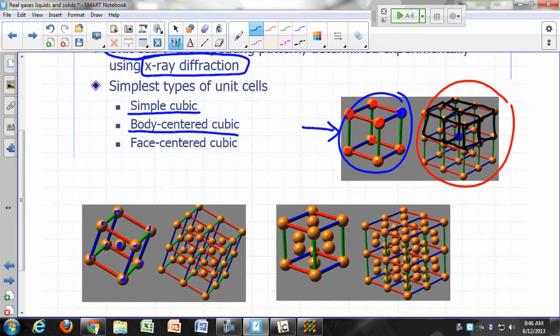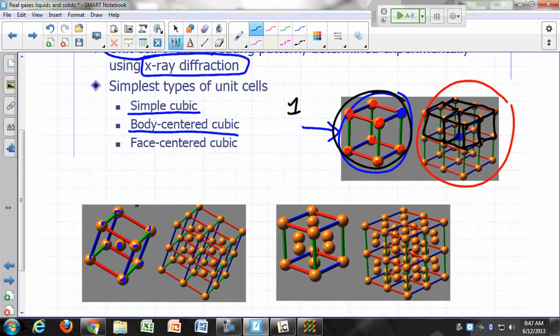So it's being shared by 8 cells. So effectively then, only 1/8 of an atom belongs to a particular unit cell. So what's 1/8 of these 8 atoms? 1. So effectively you have one. If you were counting atoms, each unit cell would account for effectively 1 atom.